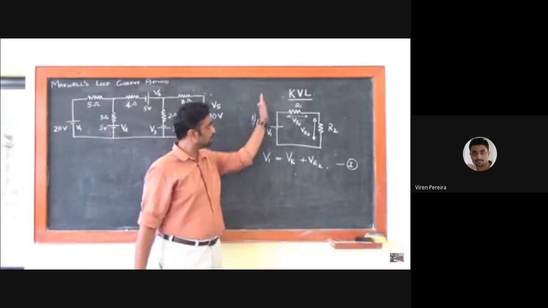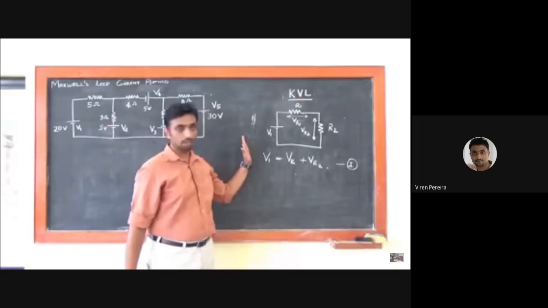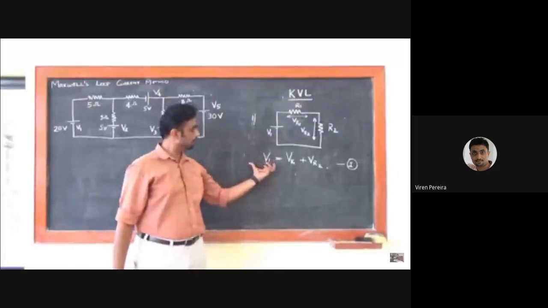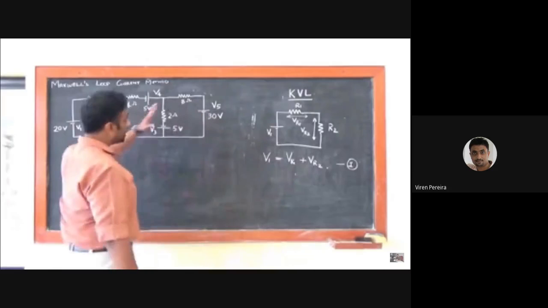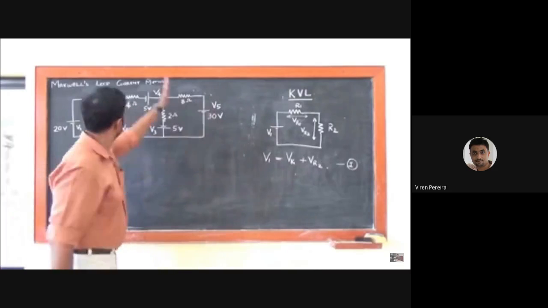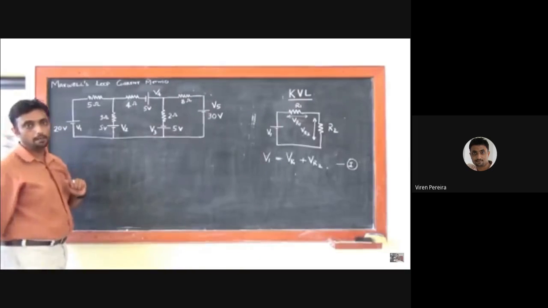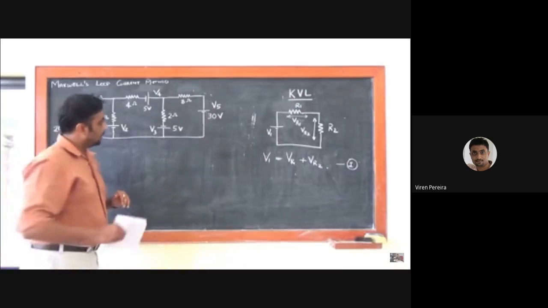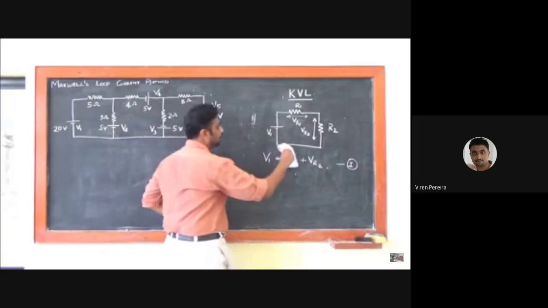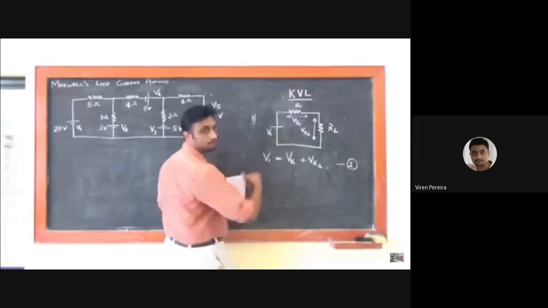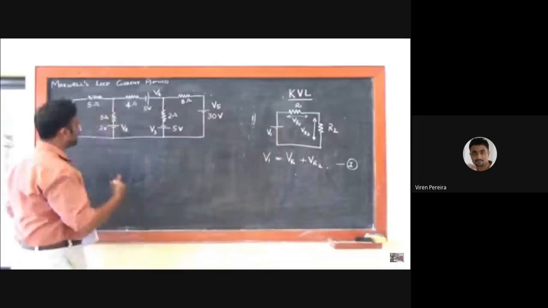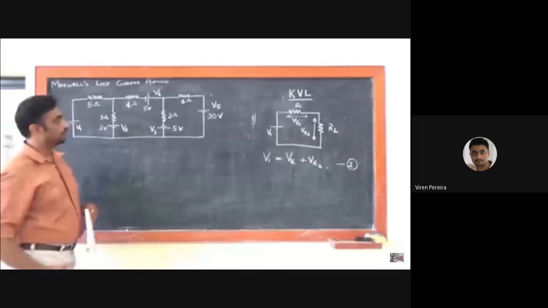Basically this is known as KVL, Kirchhoff's voltage law, which states that the sum of the voltage sources is equal to the sum of the voltage drops. Now, we are using the same logic in Maxwell's current method. This is only one loop, but in real life situations we will have more than one.